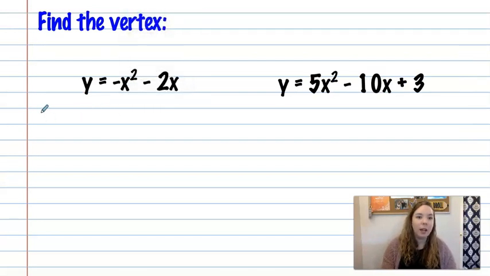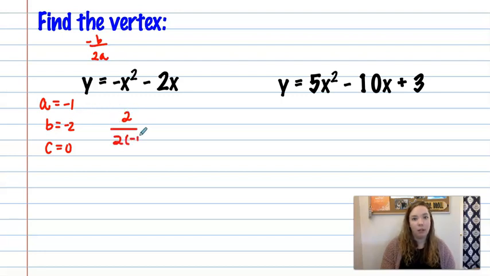So on this one, I have a is negative 1, b is negative 2, and c is 0 in this case. And I'm trying to find my axis of symmetry first. So that's my negative b over 2a. So in this case, I'd have positive 2, we're changing the sign, over 2 times negative 1, which is going to simplify to give us negative 1.